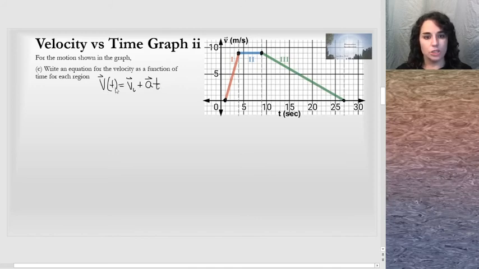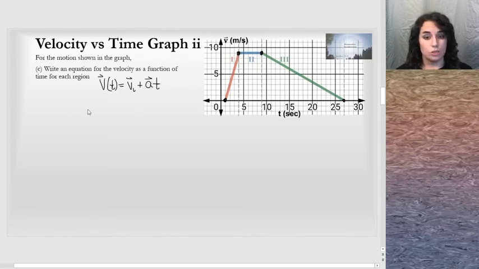And this will be the general form that we use as a function of time. So if we know initial velocity and acceleration and a period, the time expression, we can figure out the equation for this actual line.